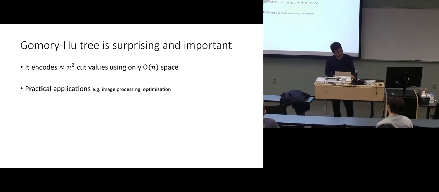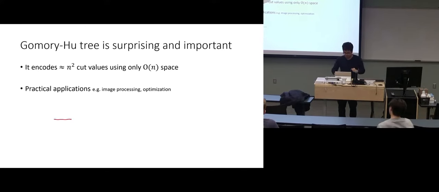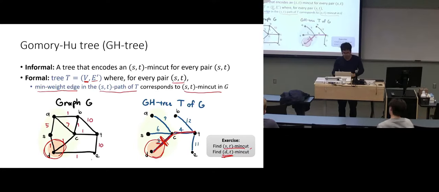Now, it has some cool applications in practice too. I don't know much about that, but once you have this tree, it can be used to solve many other fundamental problems. Given this tree, you can pre-process it in linear time so that, given any pair ST, you can query the number of the ST min cut in really fast time.